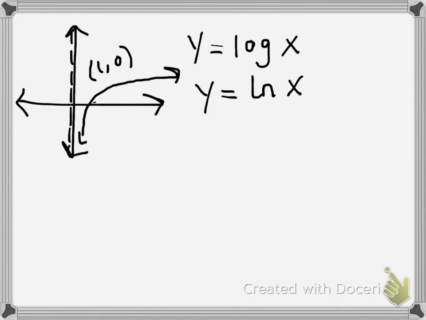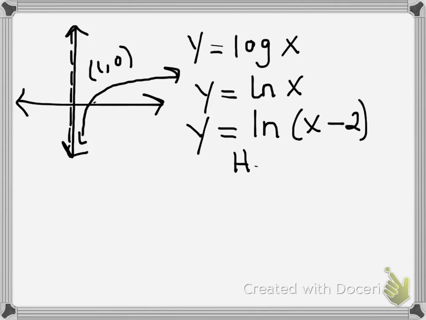So if you're trying to choose a graph and you are seeing that the vertical asymptote has been moved, if you add a number in the parentheses with x, it's a horizontal shift in the opposite direction. So this would be a horizontal shift this way 2 units. Okay?